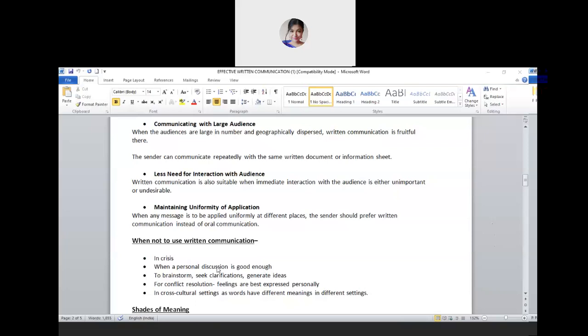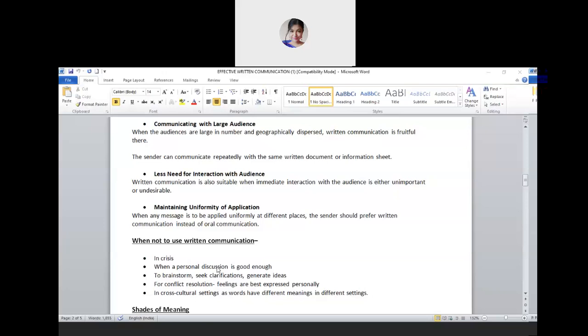So, in crisis, you cannot use written communication, because written communication takes a little bit of time, whereas oral communication is quick compared to written communication, because once you share the information, the other person will take some time to check the message, to read it and understand it, and the other person might also have some kind of doubts.